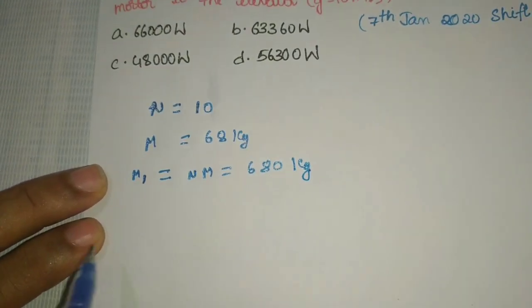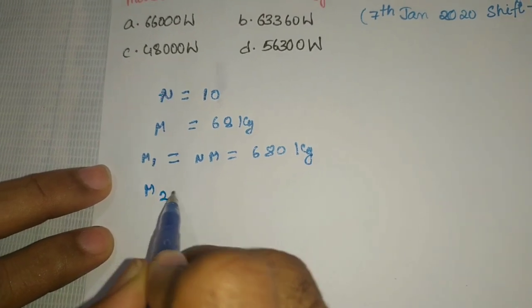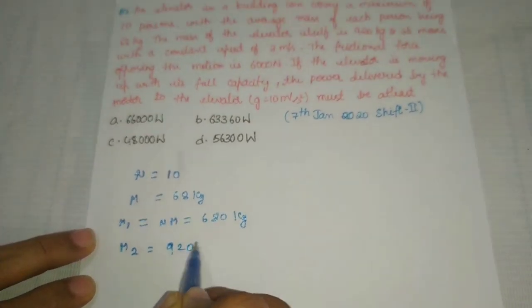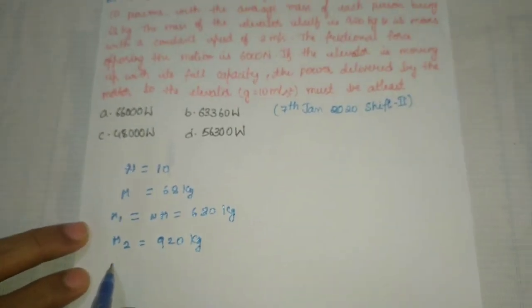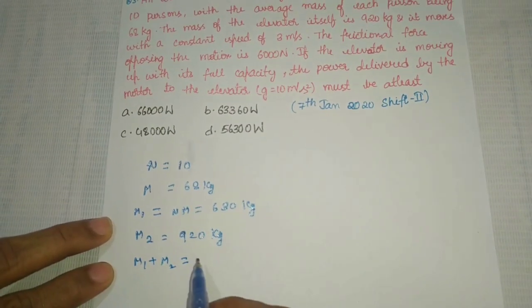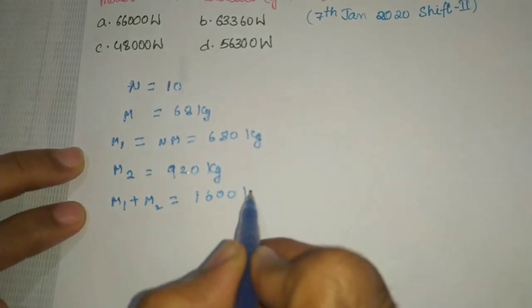And the mass of the lift, m2, is equal to 920 kg. Then the sum of the masses of persons and elevator together is equal to 1600 kg, m1 plus m2.